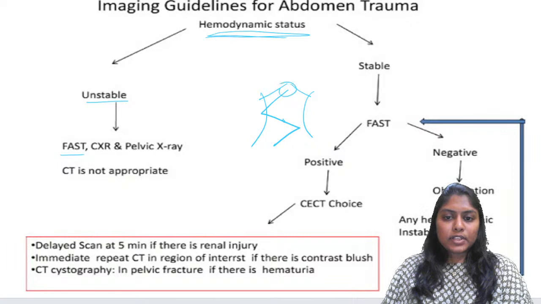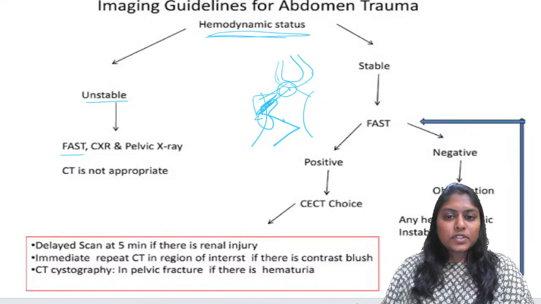So first the subxiphoid space, we will see the heart if there is any pericardial effusion, cardiac tamponade, or any free fluid within the pericardial sac. And after the subxiphoid space, we'll go to the right hypochondrium, where there will be Morrison's space between the kidney and the liver.